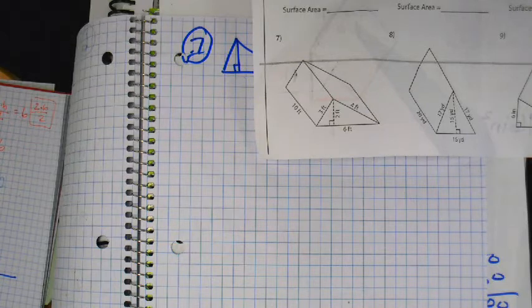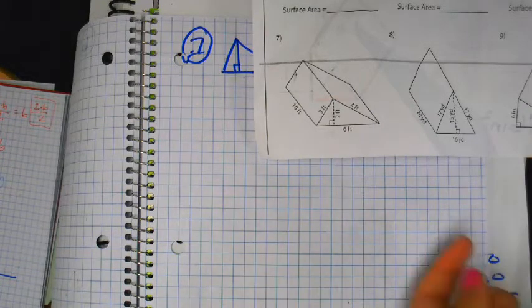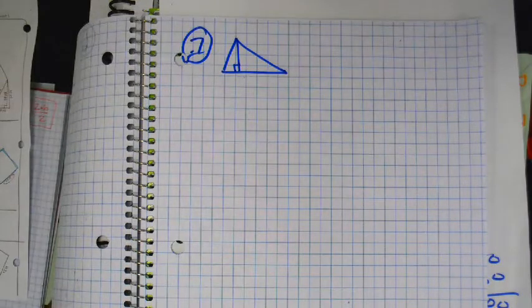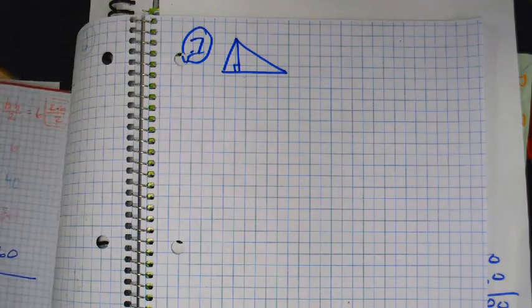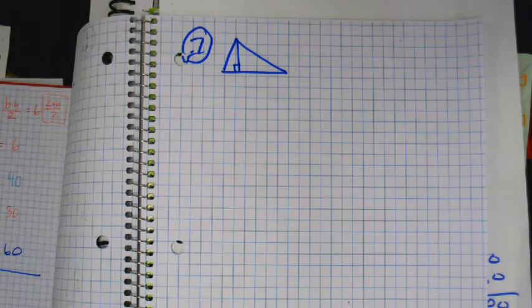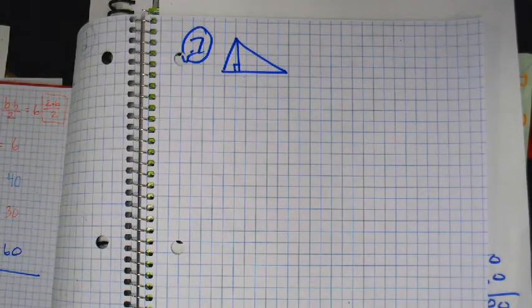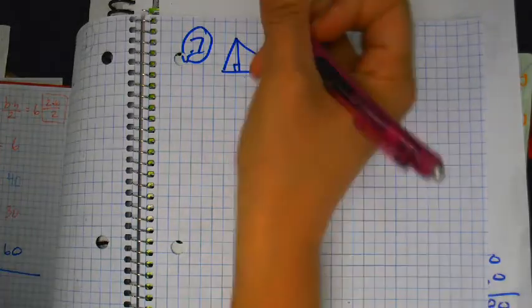So if this is 10, what's this? 10. And then, well if this was 10, then this is 10. What's the base? 6. Okay. What's the height? 2. Okay, good.